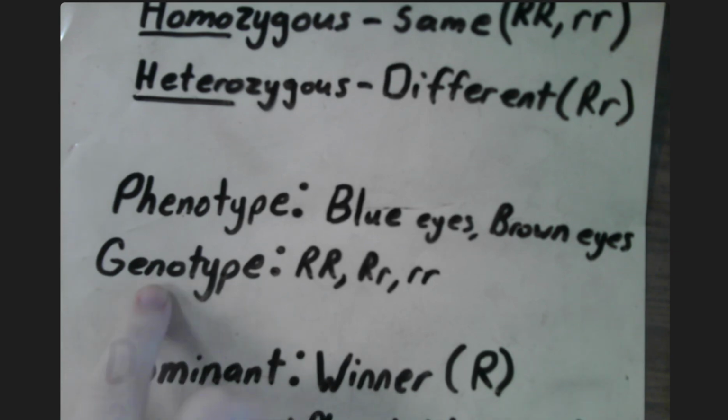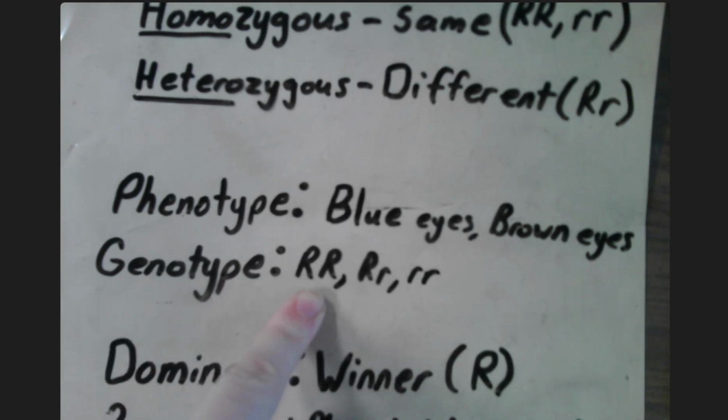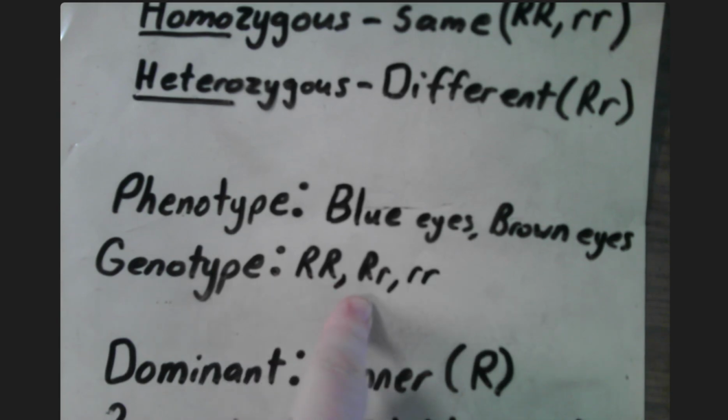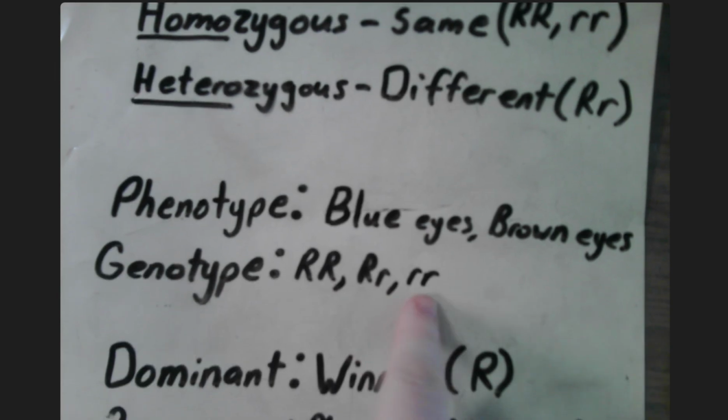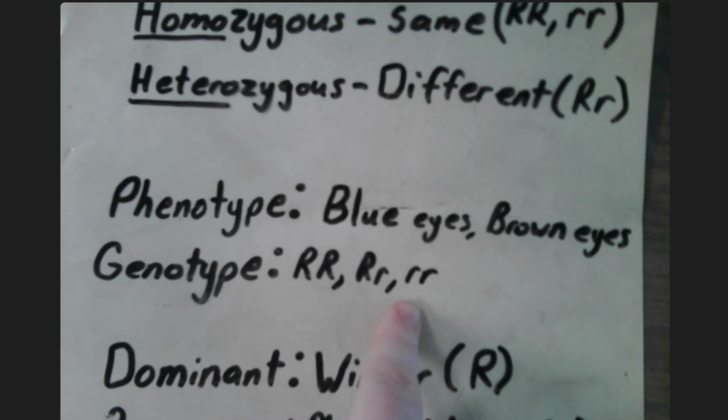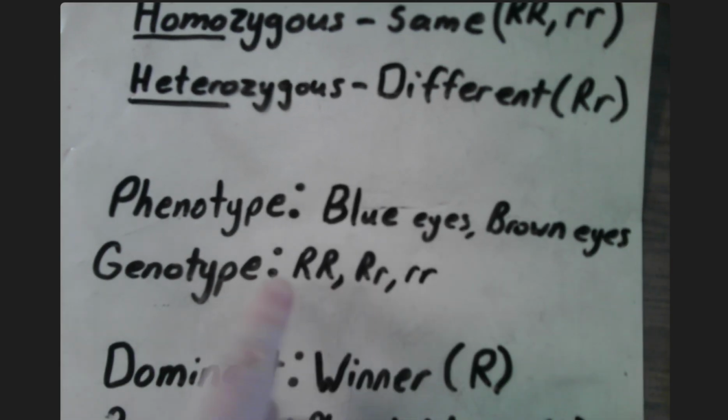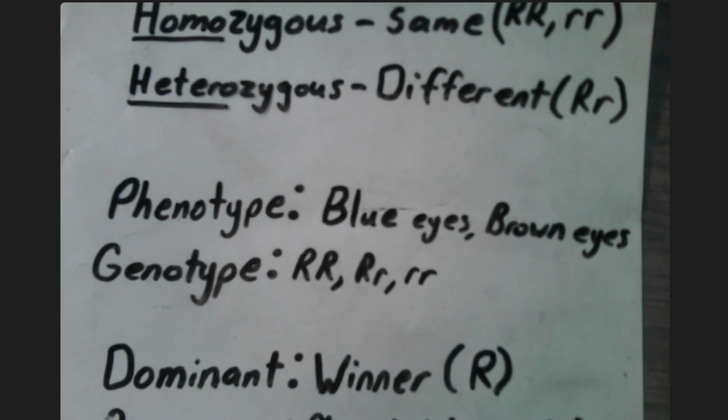The genotype are the actual letters that go with it. Capital R, lowercase r, lowercase r. Now, you could really use any letters for this as long as they're the same ones. I chose R because they're easier to differentiate between the capital and the lowercase.